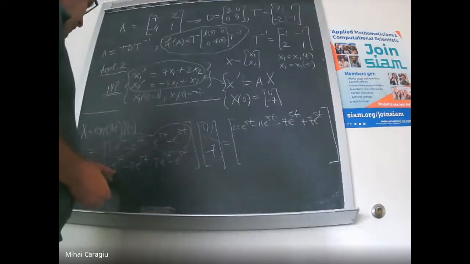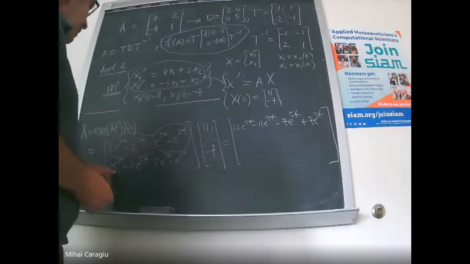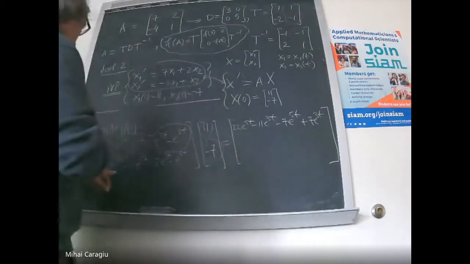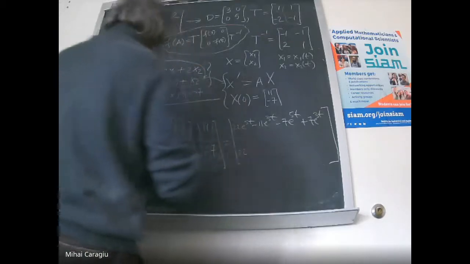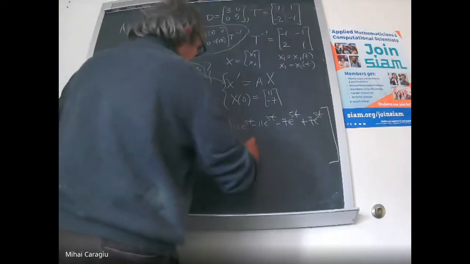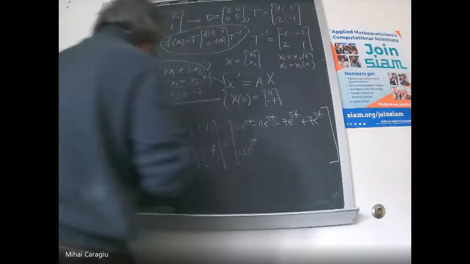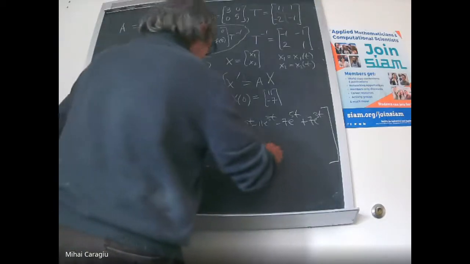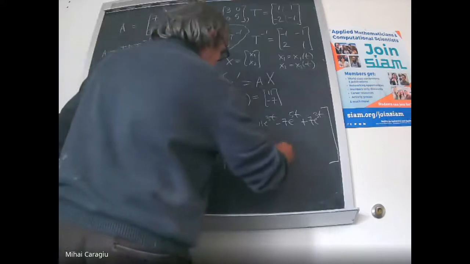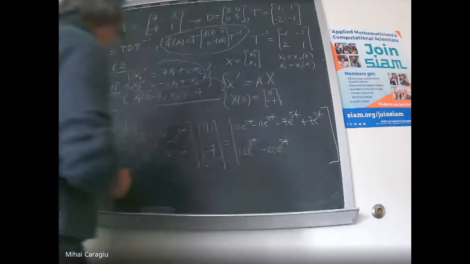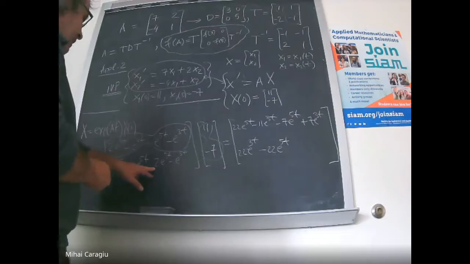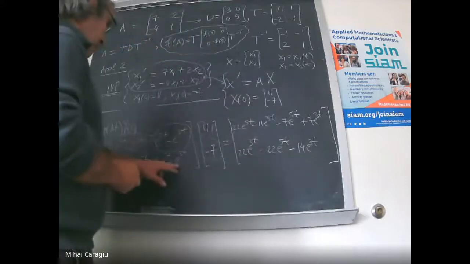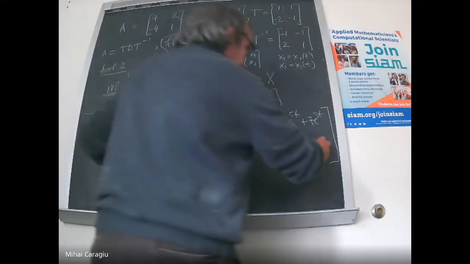Lower row, so we get 22 e to the power 3t minus 22 e to the power 5t minus 14 e to the power 3t plus 7 e to the power 5t.